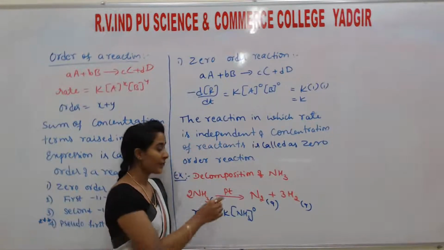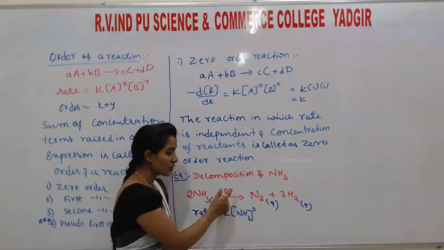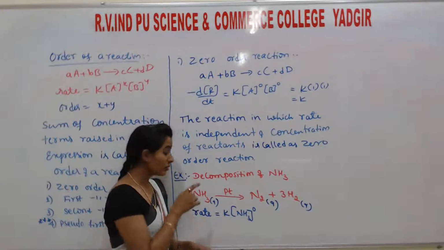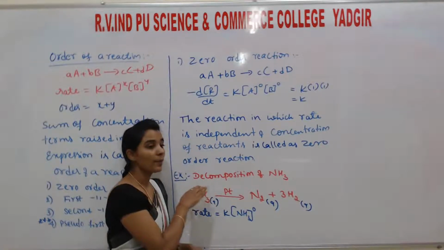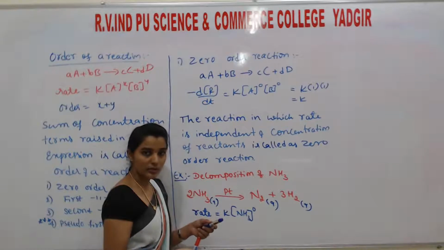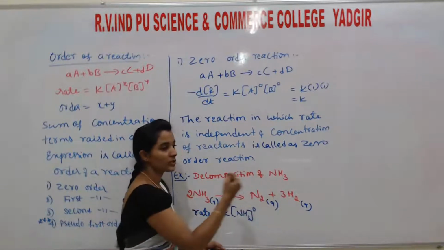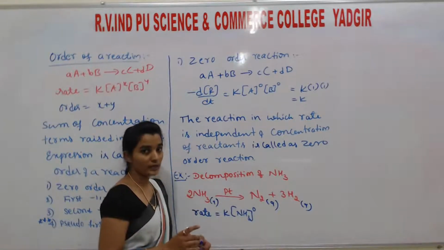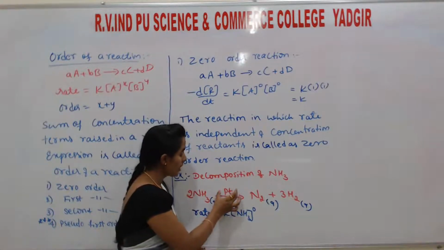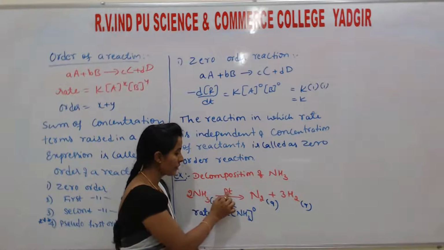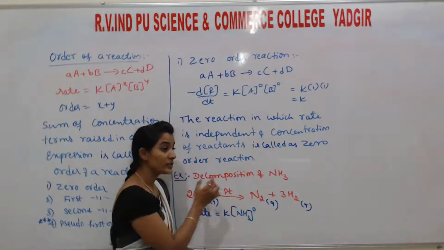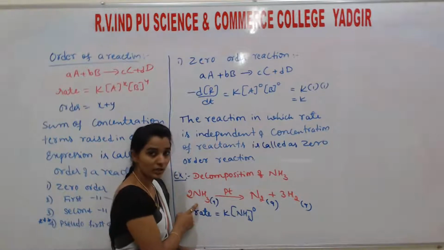Only in presence of platinum, this reaction takes place. That means the presence of a catalyst. Catalyst means it is a solid. It has its surface. So this NH3 gas is adsorbed on the surface of this metal. How much NH3 is adsorbed, that much N2 and 3H2 is formed. Understand? That depends upon the surface area of the platinum which is adsorbed by NH3.